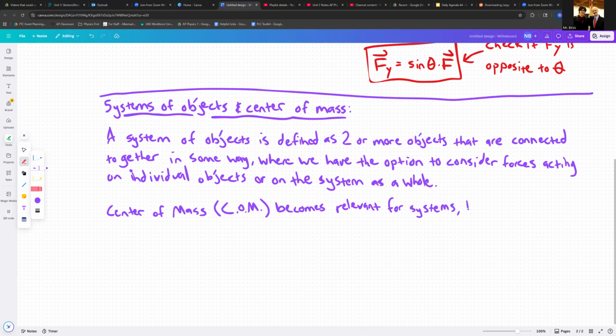But it can also be related to where the force of gravity acts. This is going to come up later on in Unit 5, when we talk about torque and rotation.